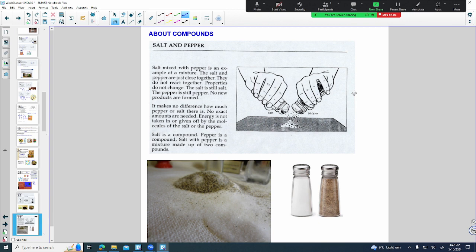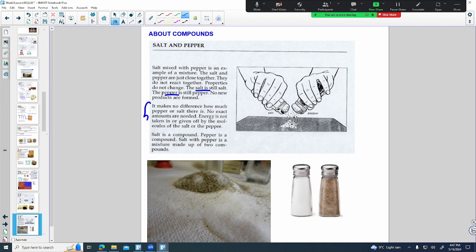Okay, more about mixtures. So salt and pepper. You can see that salt mixed with pepper is an example of a mixture. The salt and pepper are just close together. Okay, they do not react together. Properties do not change. The salt is still salt. The pepper is still pepper. You have no new products forming.